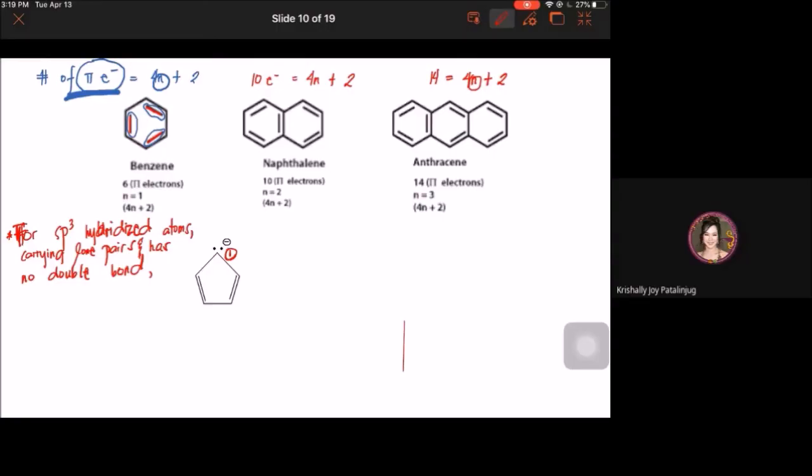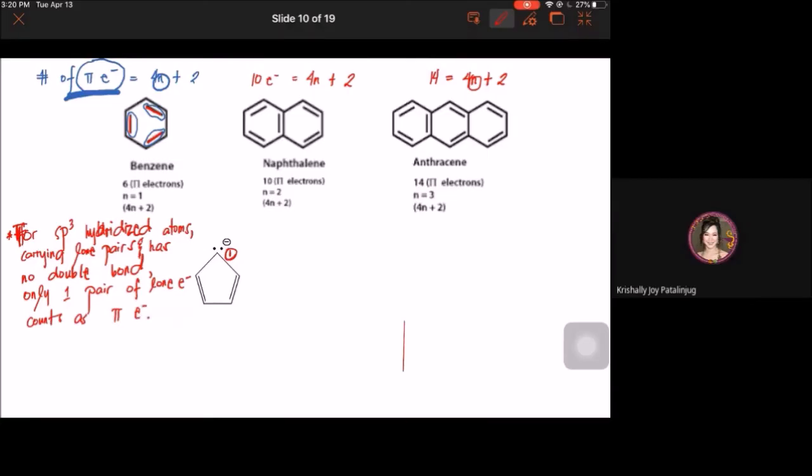So take note, in determining pi electrons, only one pair of lone electrons counts as pi electrons.